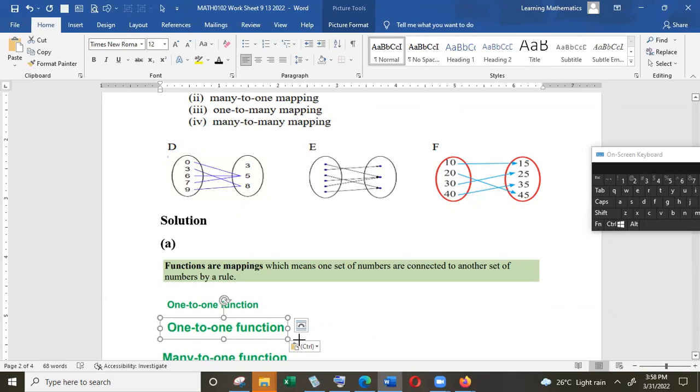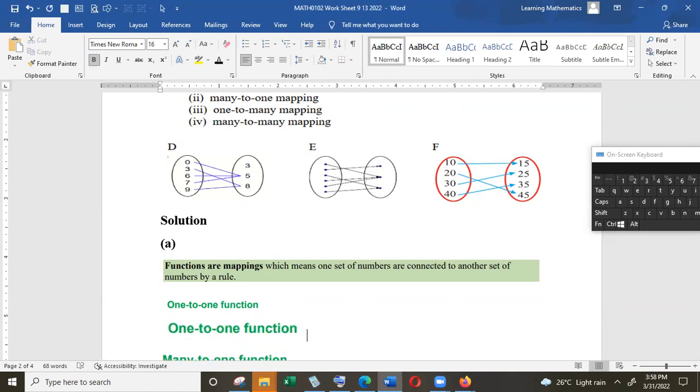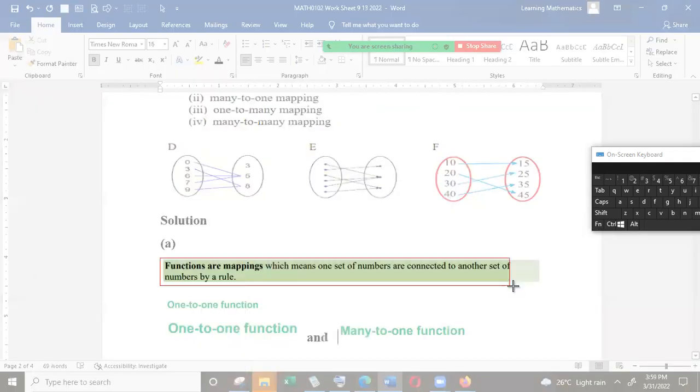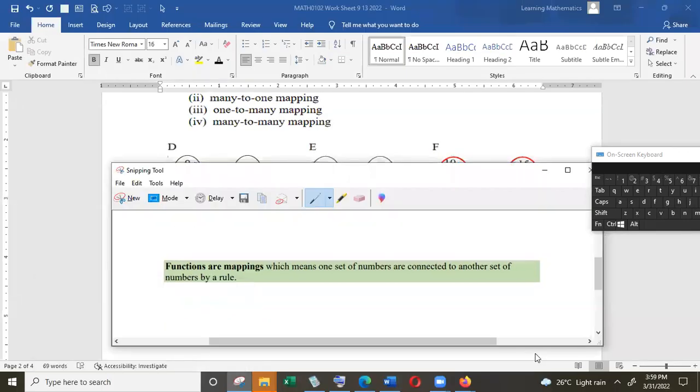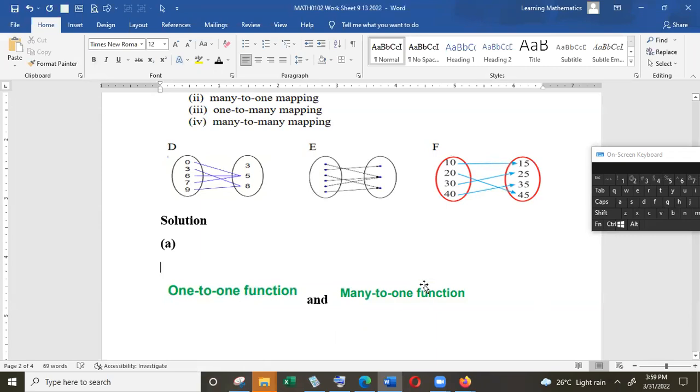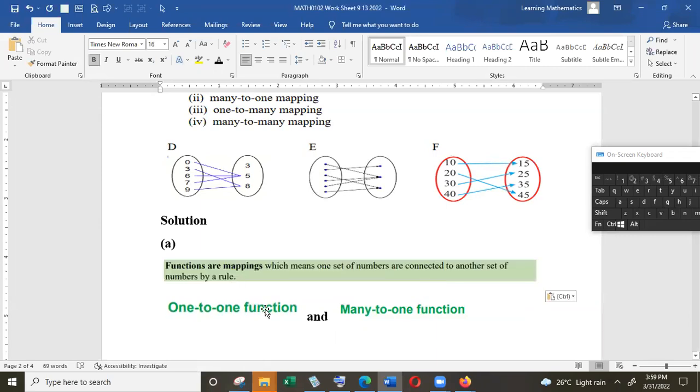Anybody? Anyone would like to share with us which are the mappings that are not functions? There are two mappings that are not functions. What are they? These are the two that are functions, one-to-one and many-to-one. Which are those that are not functions?